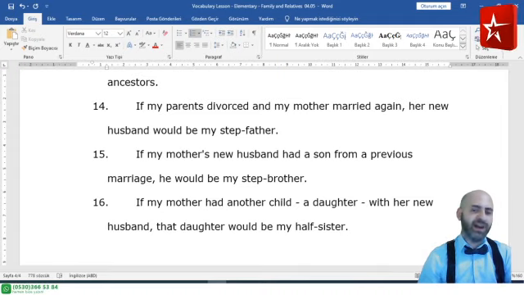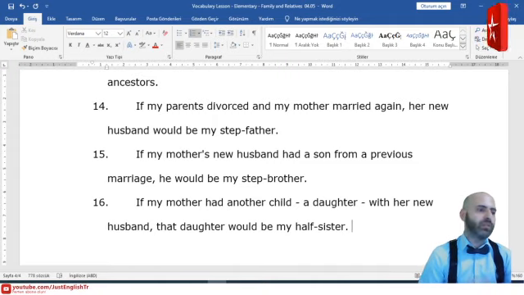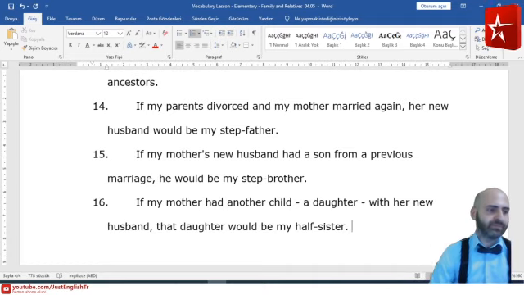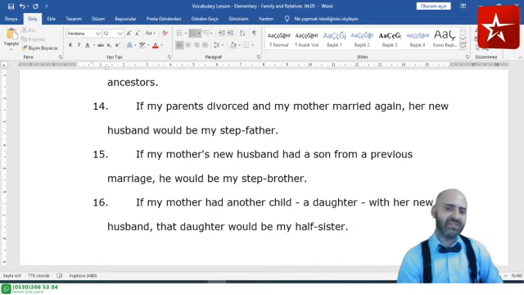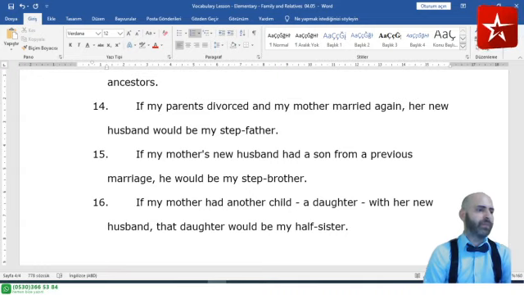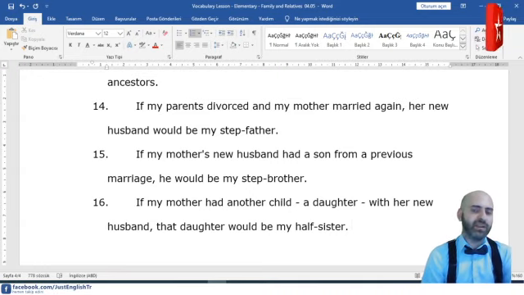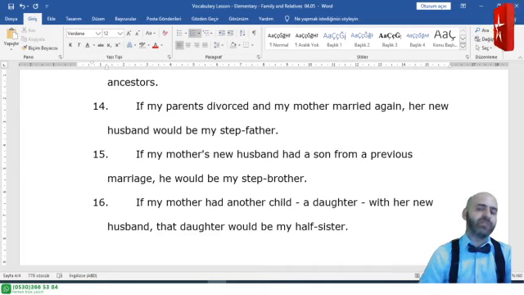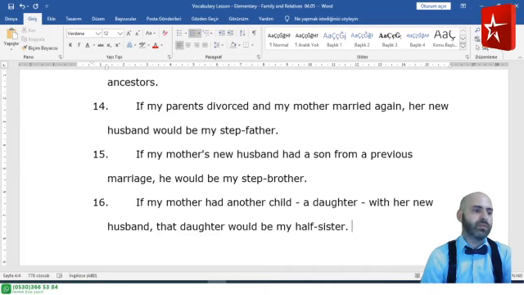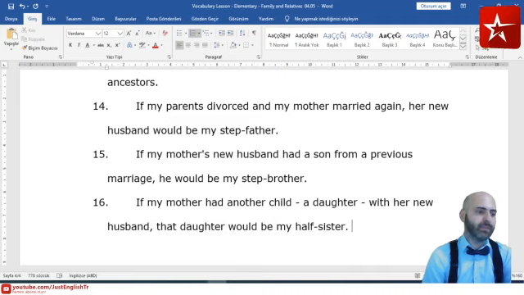So we say half sister or half brother if you have same mother but different father, or if you have the same father but different mother. Not step, guys. Step sister and step brother is your stepfather's daughter or son.